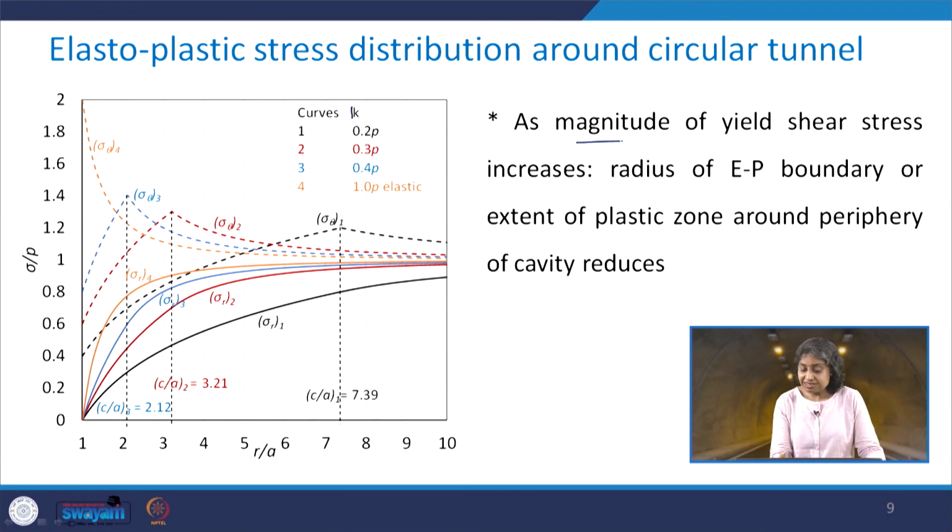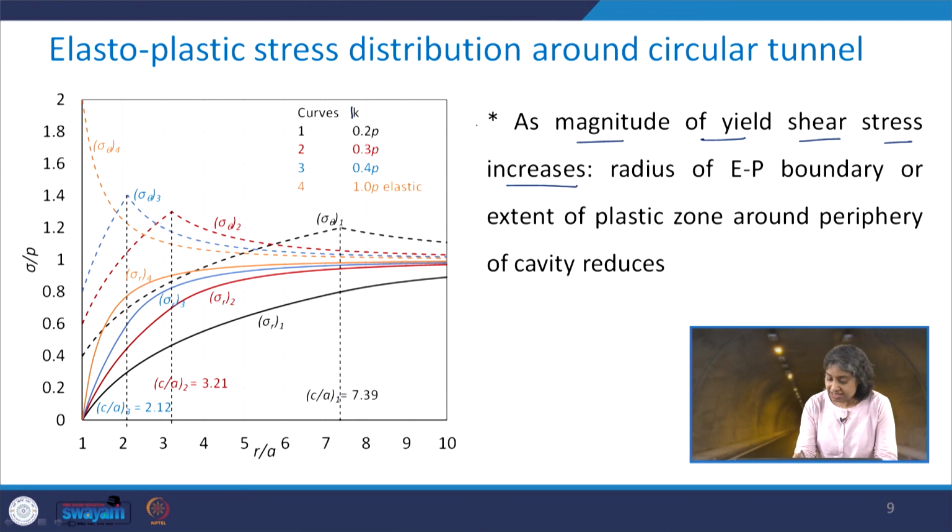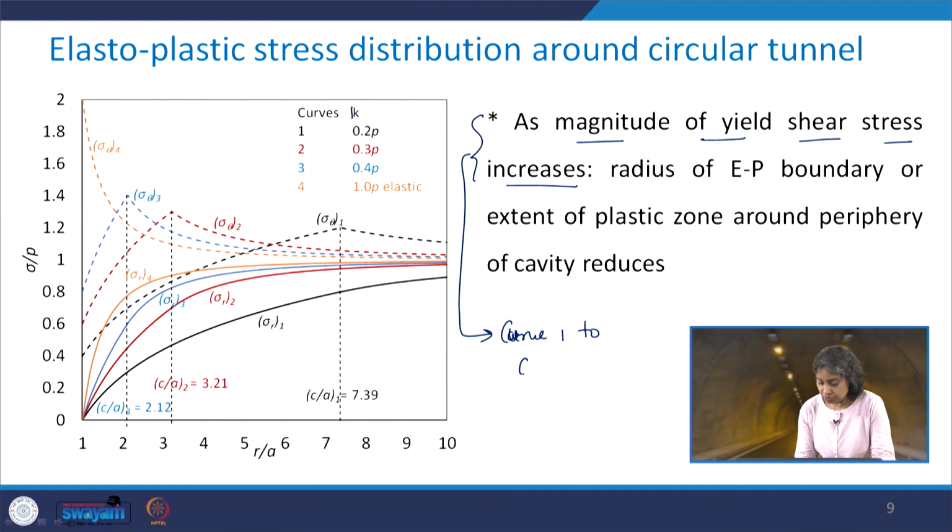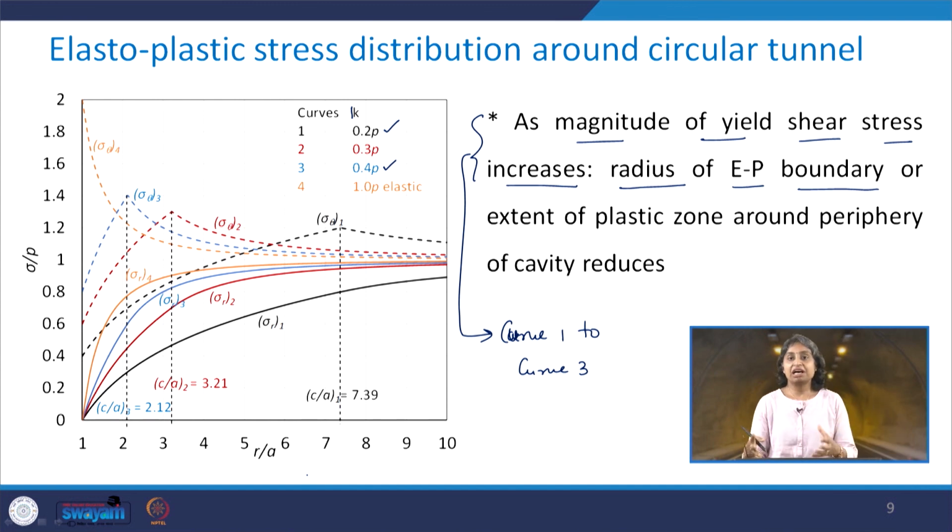Now, as the magnitude of yield stress increases, as we move from curve 1 to curve 3, increasing from 0.2 P to 0.4 P, what happens to the radius of the elastoplastic boundary? Around the periphery, it reduces, or the extent of the plastic zone around the periphery of the cavity reduces.